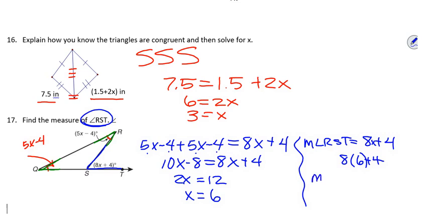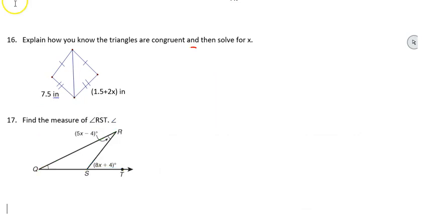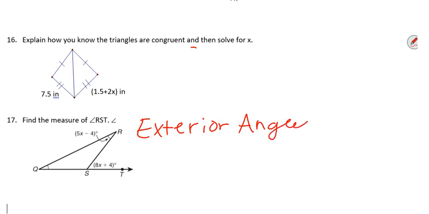So the measure of angle RST is equal to 48 plus 4. That's 52 degrees. Remember, by the way, that number 17 is the exterior angles theorem.